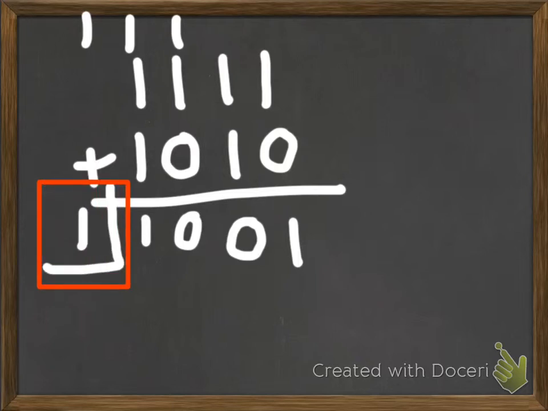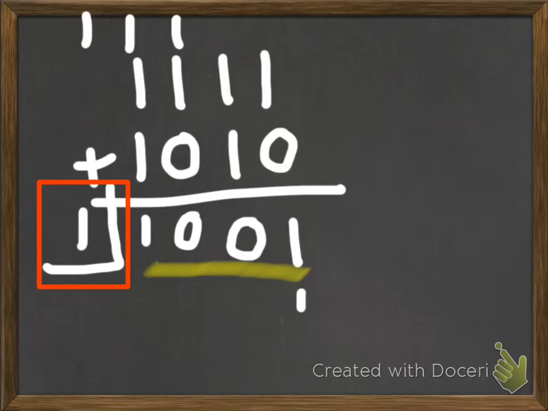whatever value this is, you're going to add on to this number right here. So you're going to actually just add it on right here to this number.